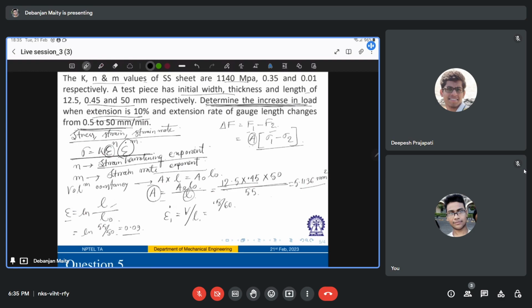This is 0.5 mm per minute, so we are converting into mm per second. That divided by 50, correct? And epsilon 2 dot is 50 by 60, that divided by 55, correct? So what are these values, epsilon 1 dot and epsilon 2 dot?